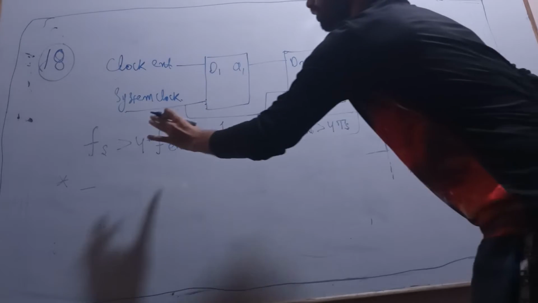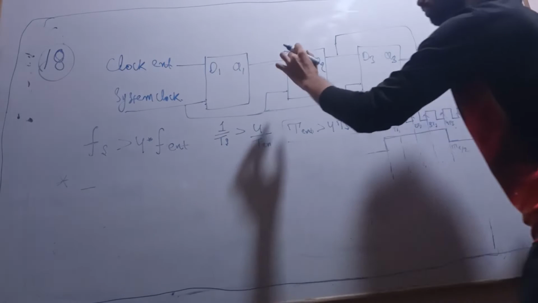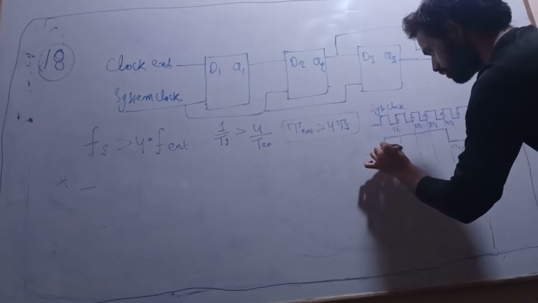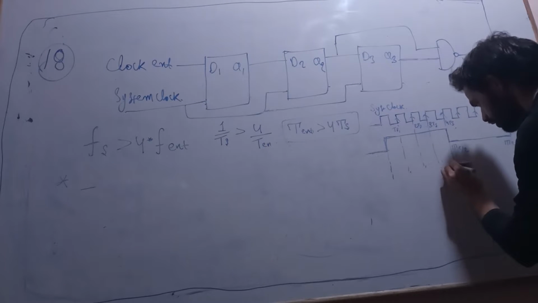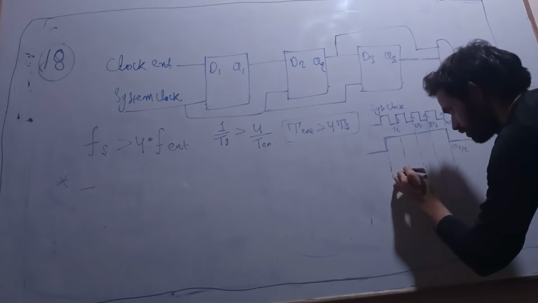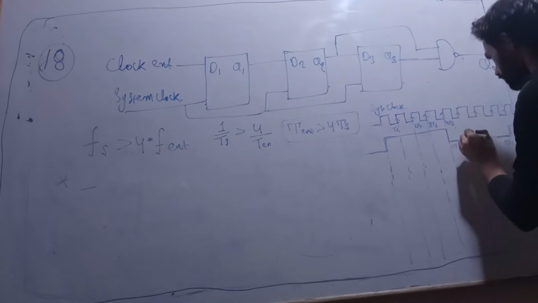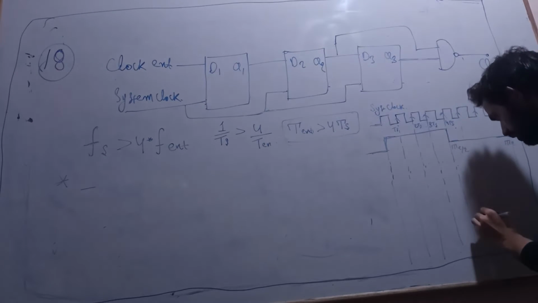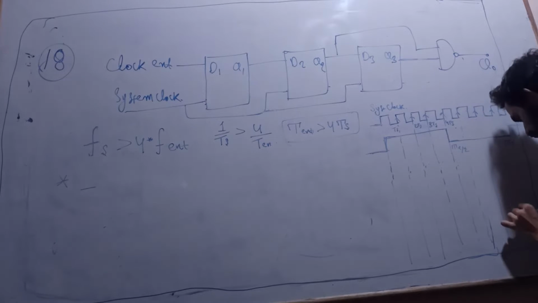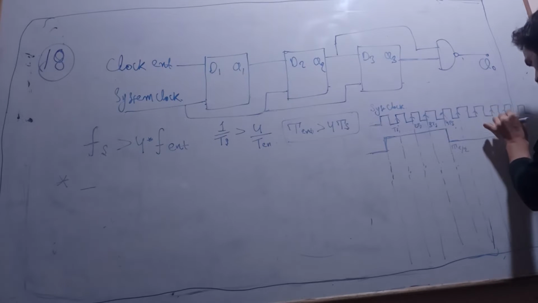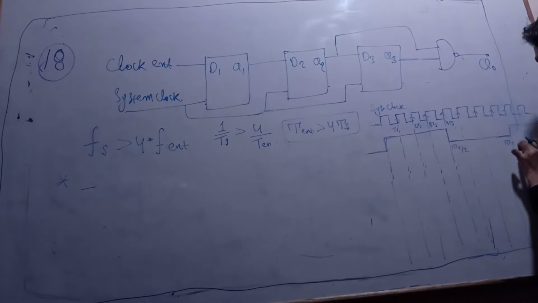Now we will see the Q1 output. This is the time duration of a cycle of the system clock.